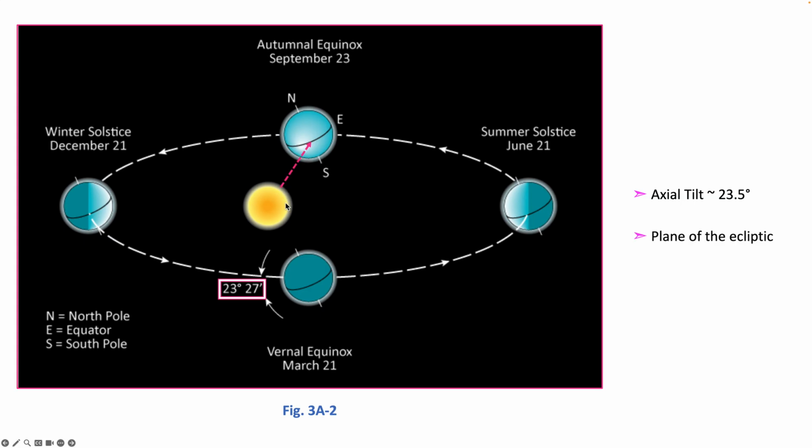So I'm going to define something called the plane of the ecliptic. Imagine the sun is shining directly overhead at a point somewhere on the Earth. And this is true: the sun is shining directly overhead at some point on our planet at every moment.